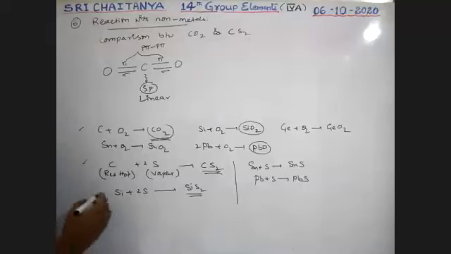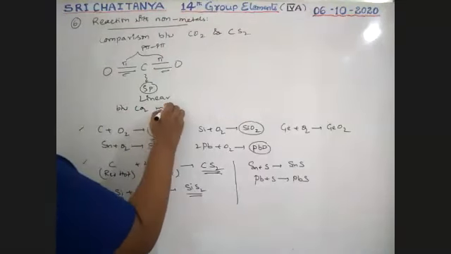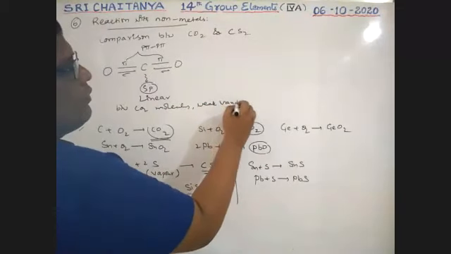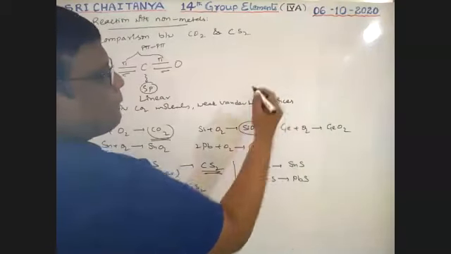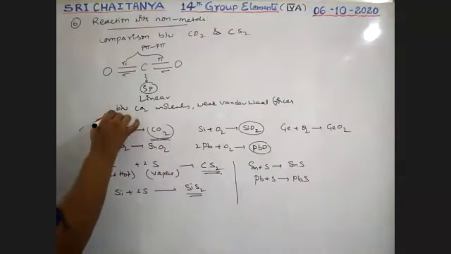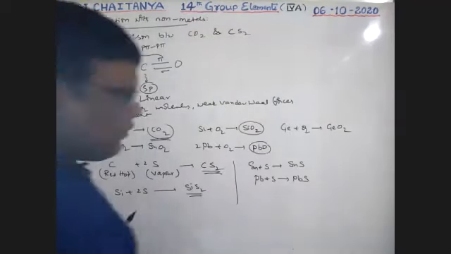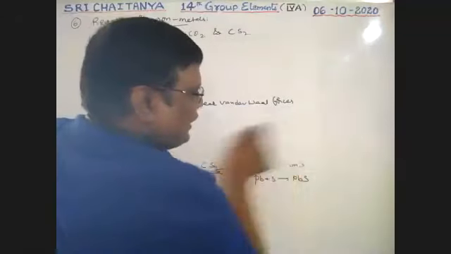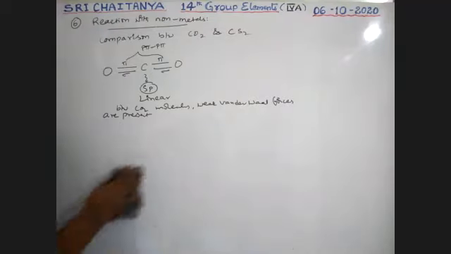Between CO2 molecules, weak van der Waals forces are present. Because of the weak van der Waals forces, they are easy to break and easy to enter into the vapor state.